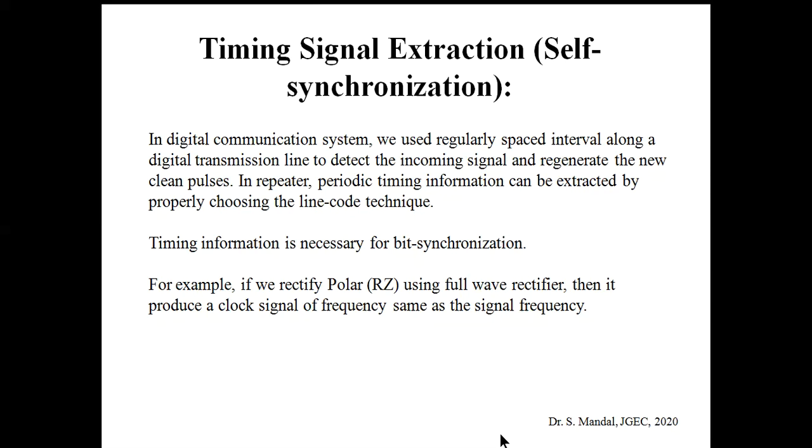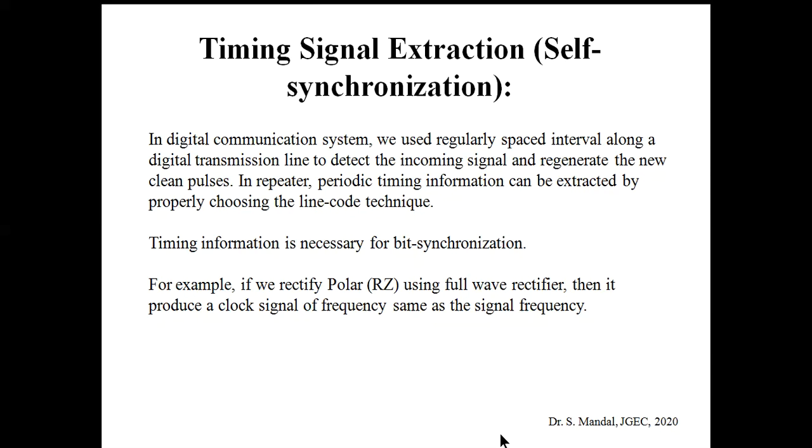Timing signal extraction is another important property for line coding techniques. So what is the necessity to extract the timing signal? That means the sampling period that has been used during the line coding needs to be known at the receiver section for the correct detection of the incoming signal.